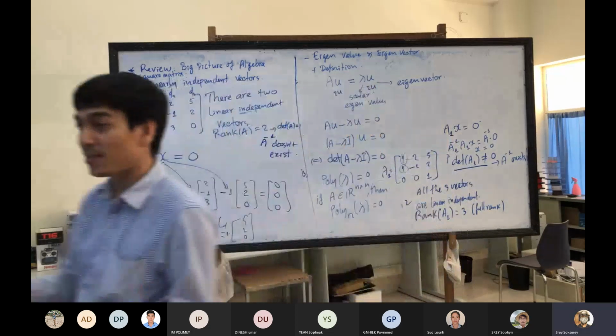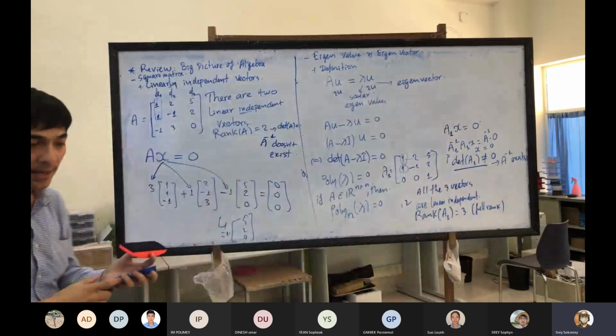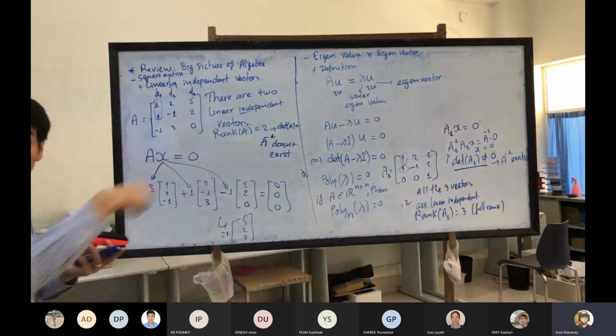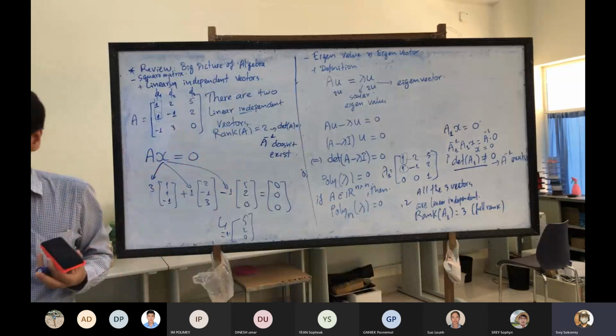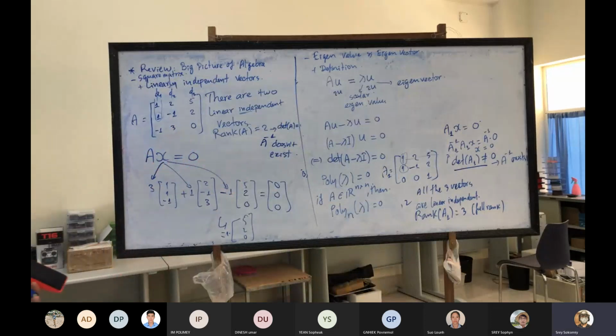The direction is unique, but the length is not unique. So usually in computer applications, we select u so that the length is 1. If you select length 1, then it is just like you have a unique solution, but it is not.